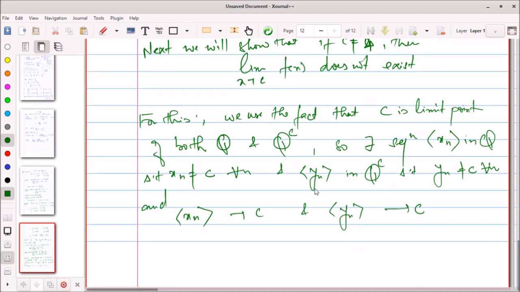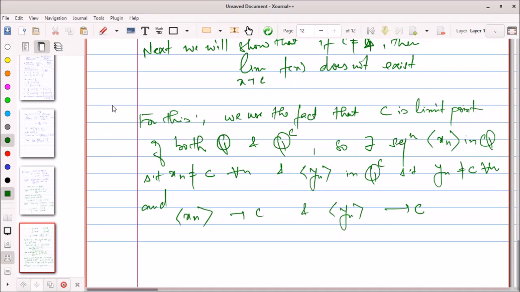This is by the definition of limit point, because c is a limit point of Q. So there will be a sequence of rationals which converges to c, and c is also a limit point of irrationals, so there will be a sequence of irrationals which converges to c.